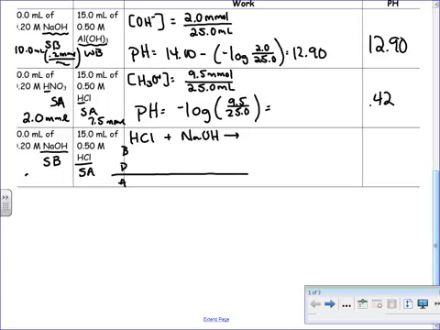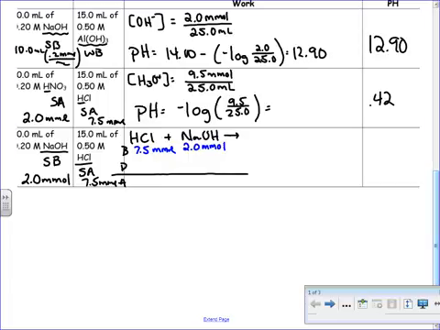Again, we have 2 millimoles of sodium hydroxide, and we have 7.5 millimoles of our acid. So before reaction, sodium hydroxide was 2 millimoles. Hydrochloric acid was 7.5 millimoles.